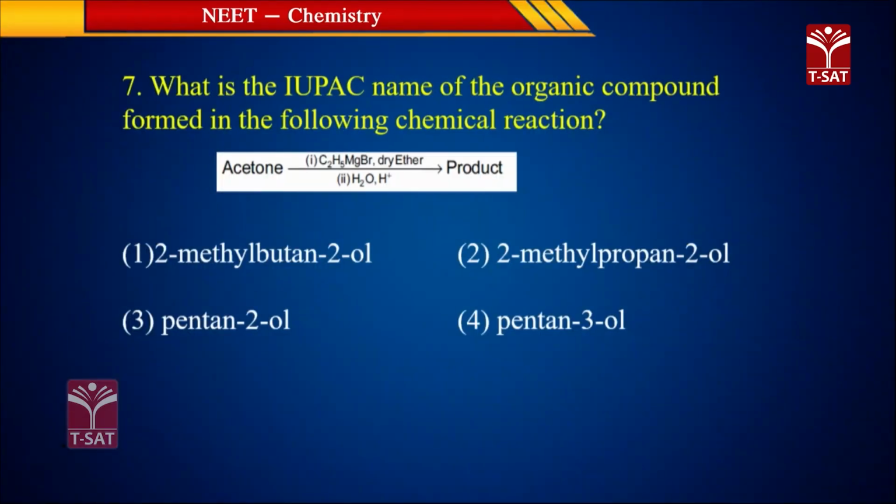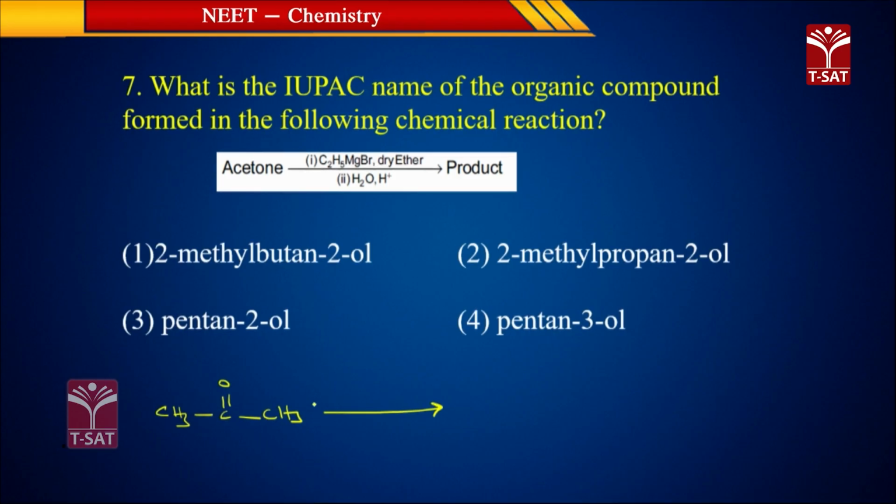Next, coming to the question: what is the IUPAC name of the organic compound formed in the following chemical reaction? So, what will be the chemical reaction? Acetone. How can you write acetone? CH3, C double bond O, CH3. And what is there over there? See carefully, C2H5MgBr, dry ether.